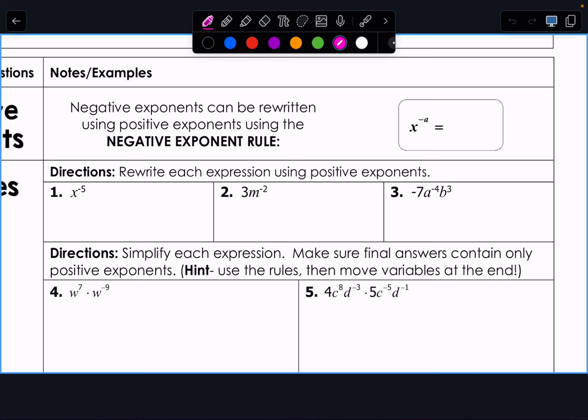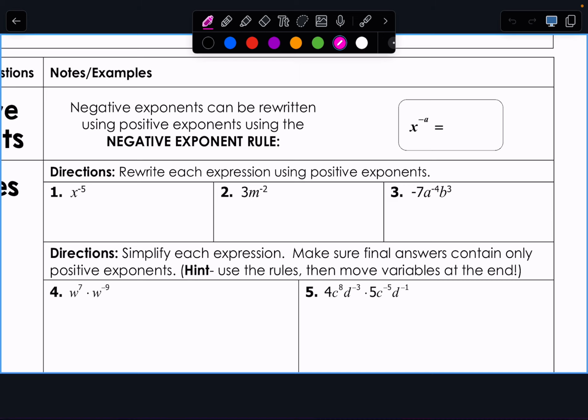Negative exponents are a thing, but a thing that we cannot leave in a simplified answer. So if we have a negative exponent, we have to readjust. And if we have x to the negative a, that just means we have to take our exponent across the division bar so that it can become positive, okay?